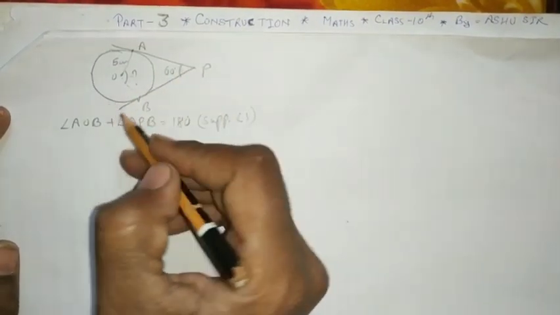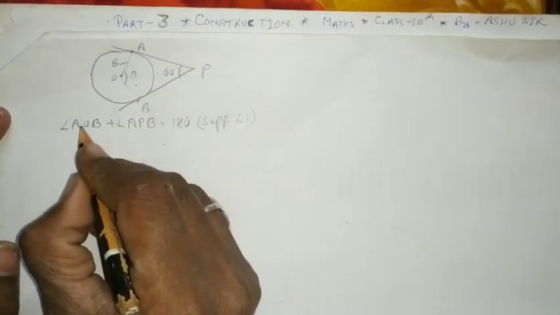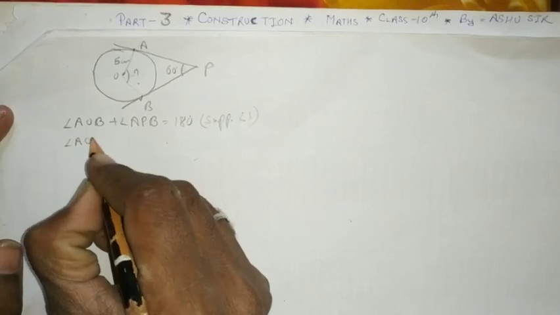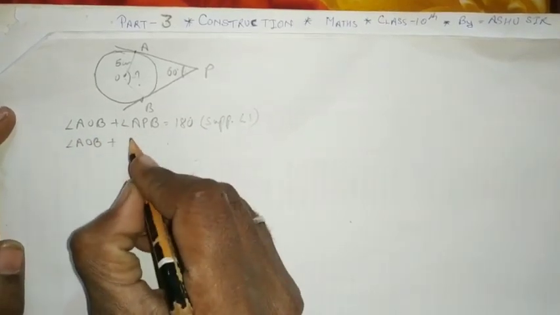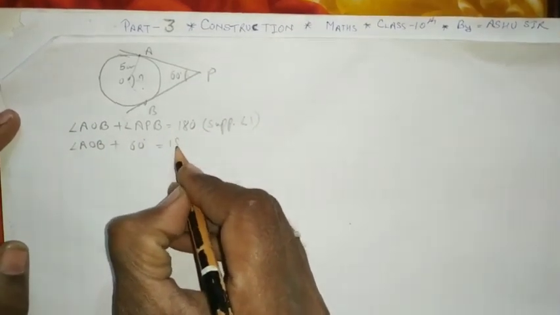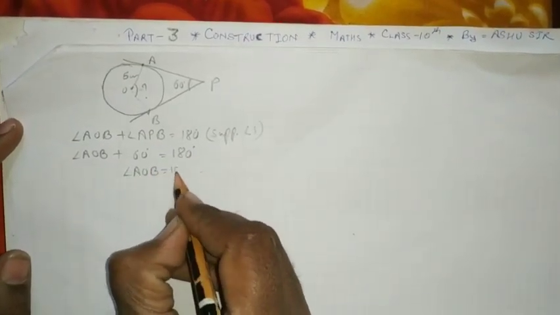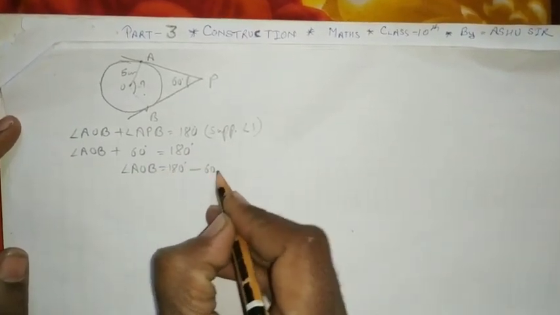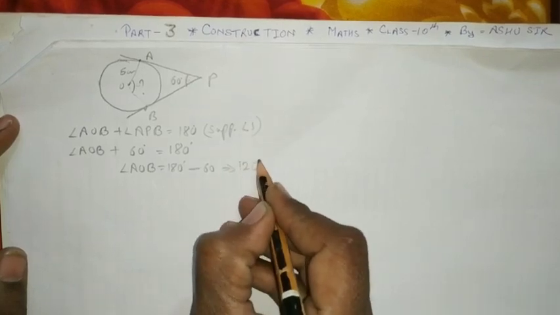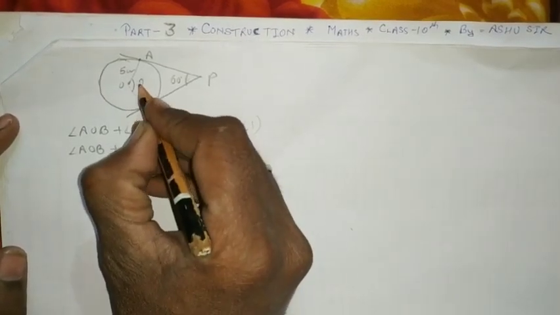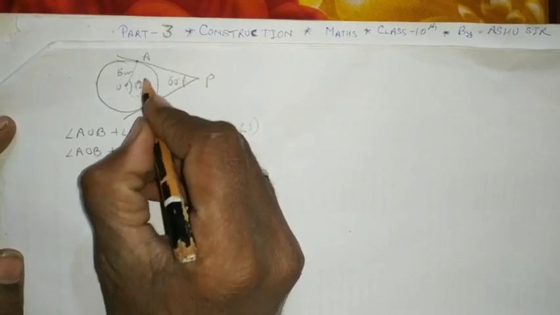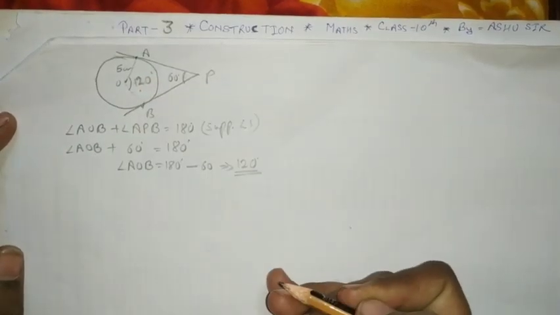We already proved this in the circle chapter. So angle APB is given as 60 degrees. Angle AOB is equal to 180 minus 60, that means 120 degrees, the central angle. This is also called the central angle of the circle.